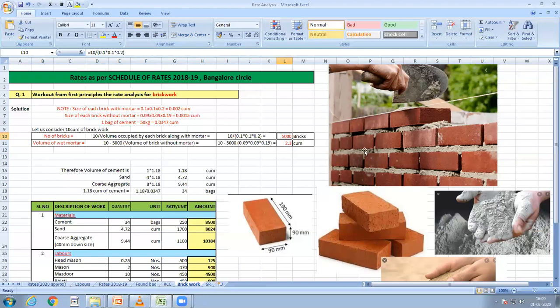And around the 5,000 bricks, you have mortar. You need to find out the volume of that wet mortar, which is around each one of the 5,000 bricks. That means in 10 cubic meter volume of brickwork, what is the mortar required? That is given by 10 cubic meter minus 5,000 bricks multiplied by the volume of brick without mortar.